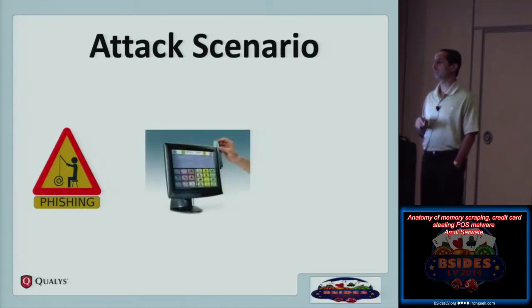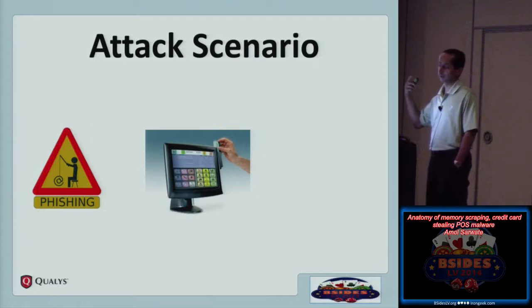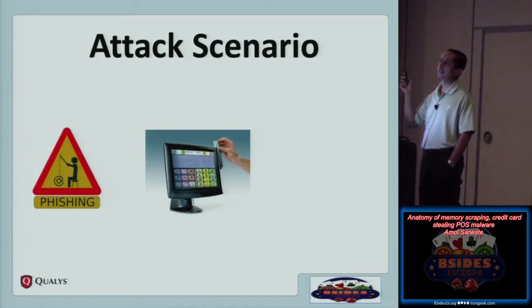Next, at the time of transaction, a customer scans the card, and the point of sale software, before sending or maybe after sending the credit card details for authorization, for some time has this data unencrypted in its process.